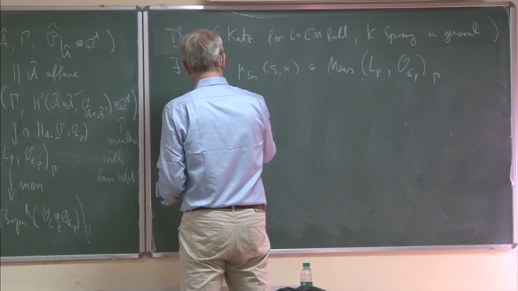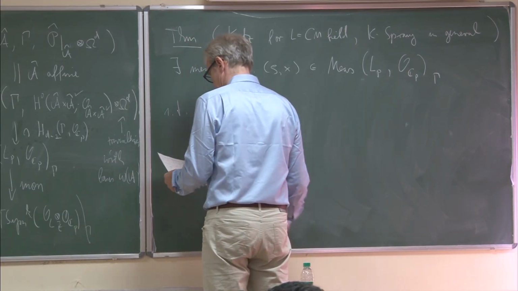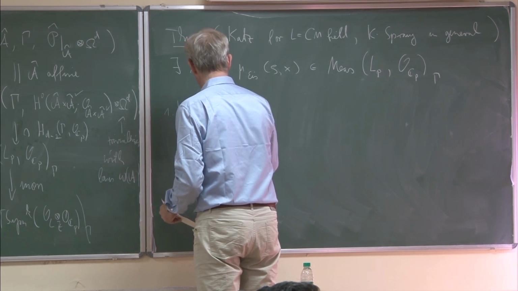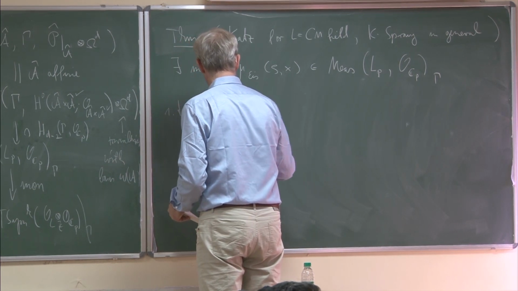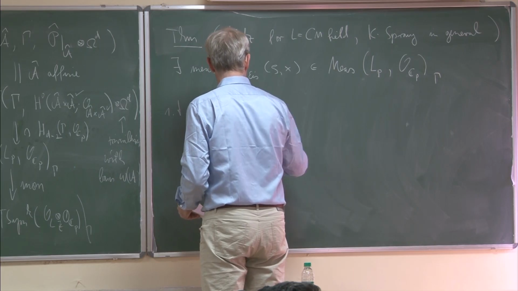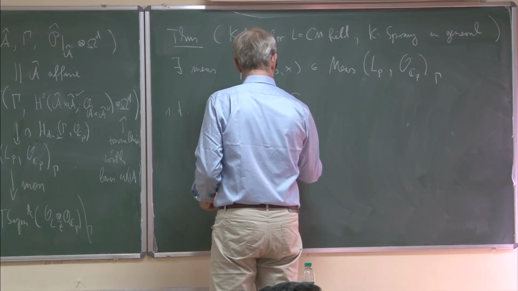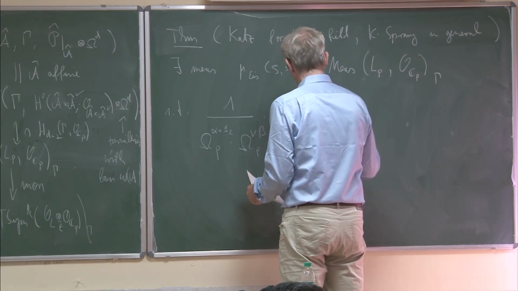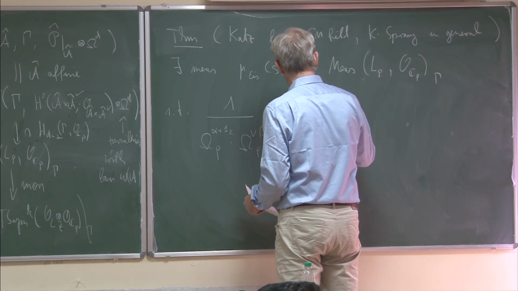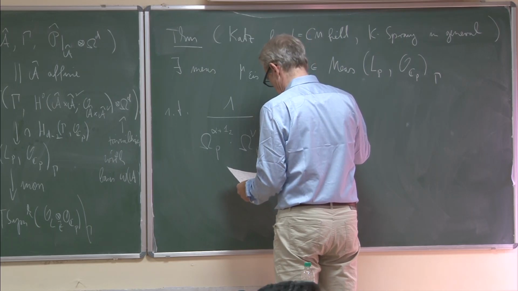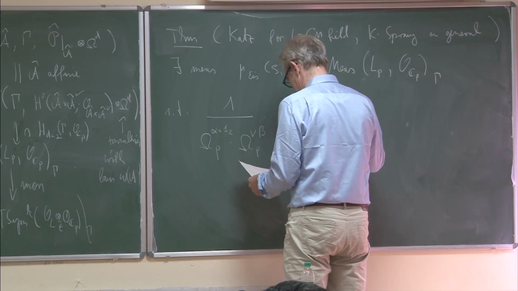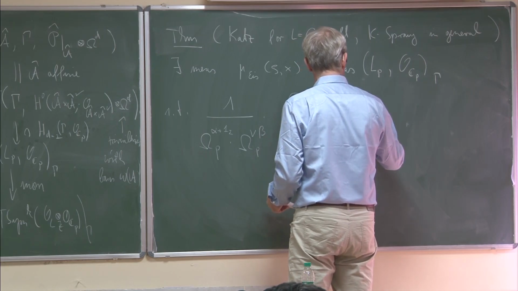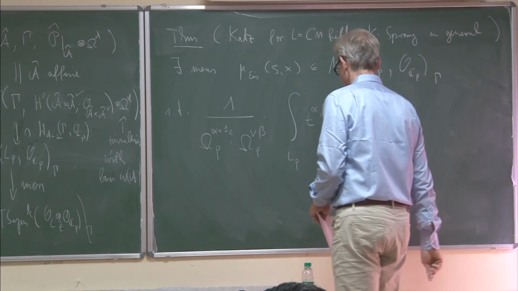So if you divide here by the p-adic periods to the right powers, Omega_p to the alpha plus 1 sigma times Omega_p dual to the beta, here you have now the integral over L_p of T to the alpha and S to the beta, d mu Eisenstein rho x.